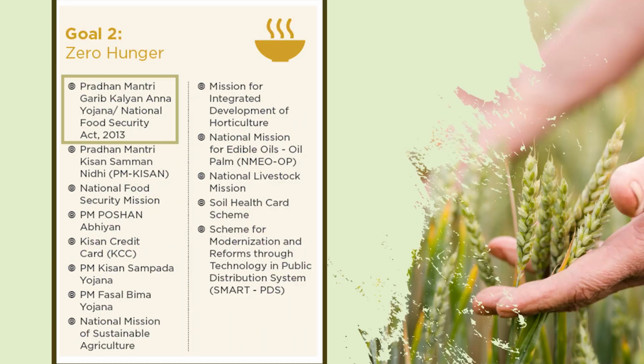A few of them are: Pradhan Mantri Garib Kalyan Anna Yojana, also called under the National Food Security Act 2013; Pradhan Mantri Kisan Samman Nidhi, PM Kisan; National Food Security Mission; PM Poshan Abhiyan; Kisan Credit Card; Pradhan Mantri Kisan Sampada Yojana; Pradhan Mantri Fasal Bima Yojana; National Mission for Sustainable Agriculture; Mission for Integrated Development of Horticulture; National Mission on Edible Oils, Oil Palm, NMEO-OP; National Livestock Mission; Soil Health Card Scheme; and the scheme for modernization and reforms through technology in the public distribution system, called Smart PDS.